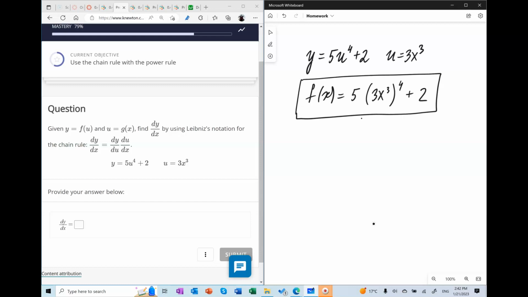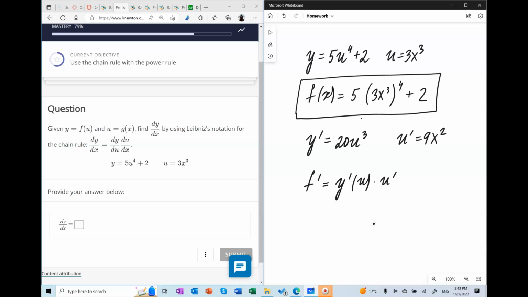So the derivative will be the derivative of the outer function, which is 20u cubed, and the derivative of the inner function is 9x squared. So the derivative of f will be the y prime evaluated at u times u prime.